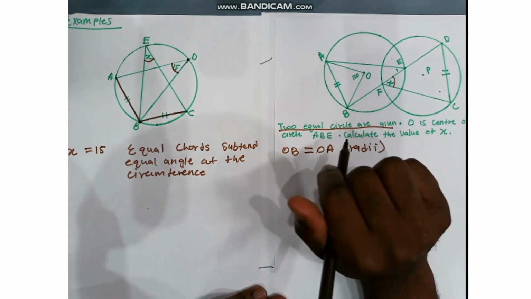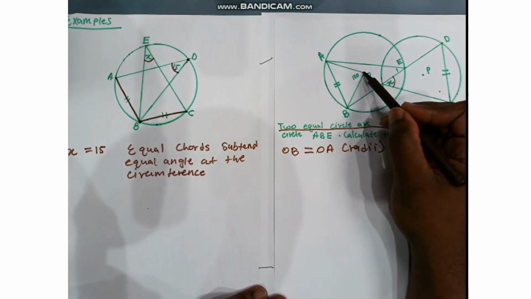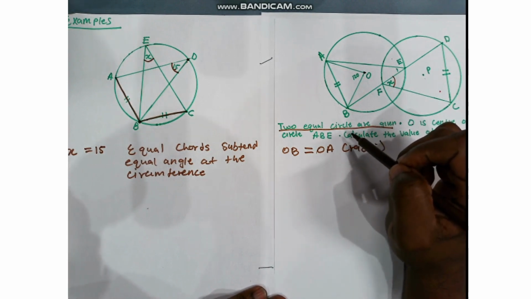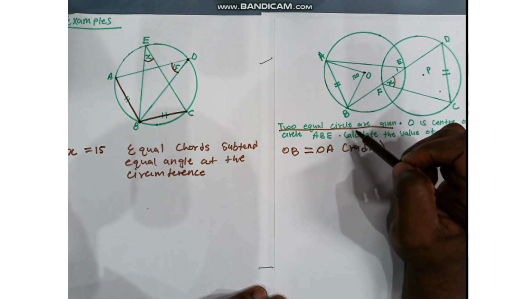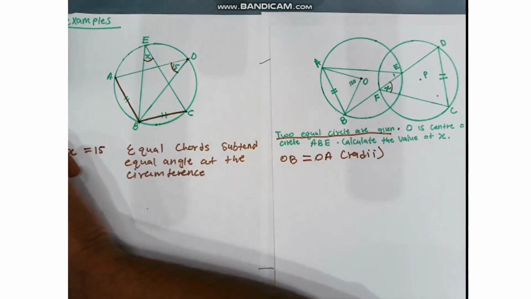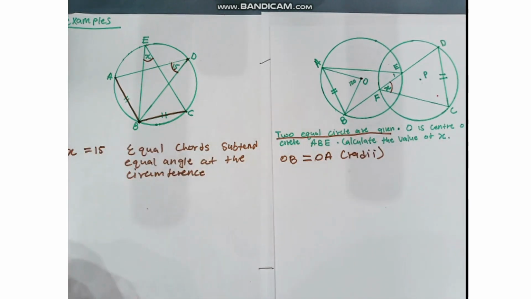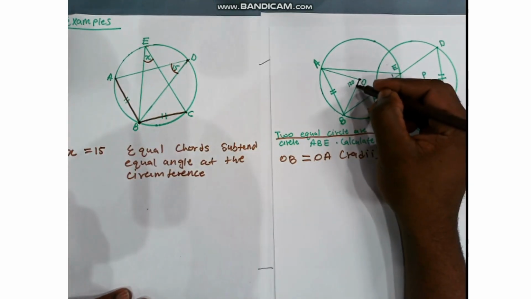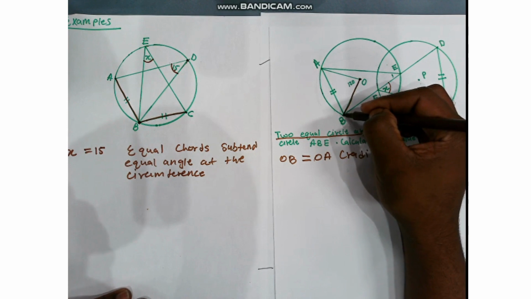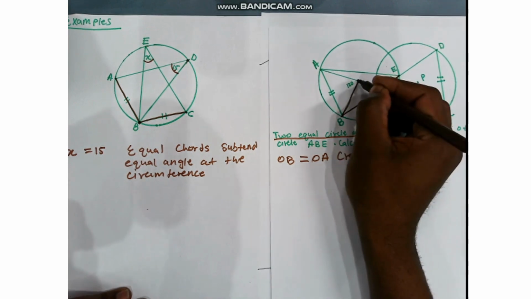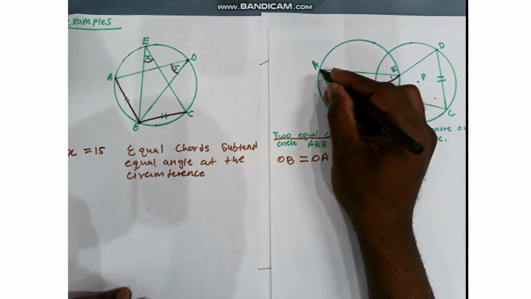And then if O is a center, again, theorem number 2, there is a shape that we must see from theorem number 2 if O is a center. Now, I hope you're going to see this shape. This thing must be at the circumference for this one to happen.